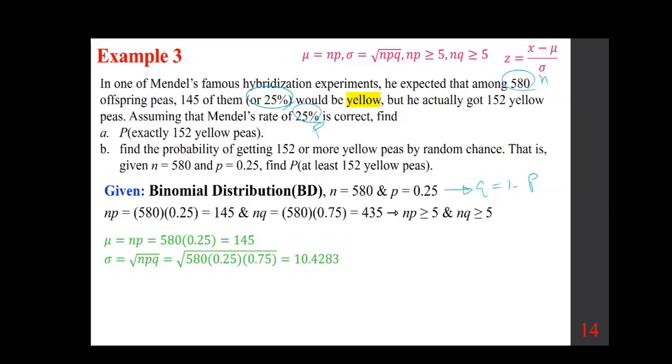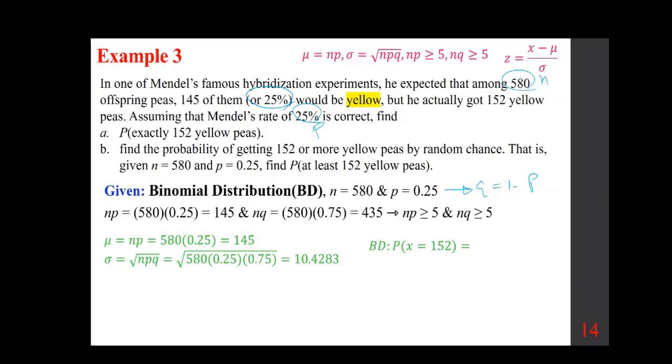And that's extremely important. So with that being the case, the first part is asking for the probability of exactly 152 yellow peas. That means probability of x equals 152. When you have one value to go to normal approximation, you introduce the 0.5 continuity correction factor, so you add and subtract both.